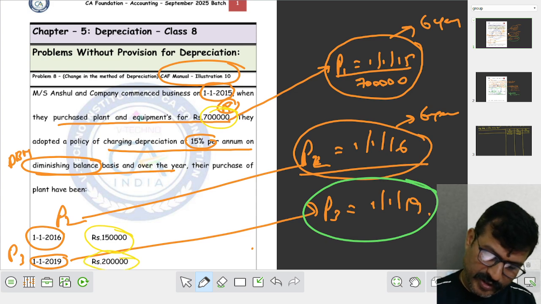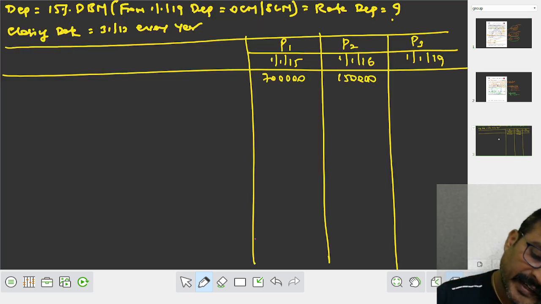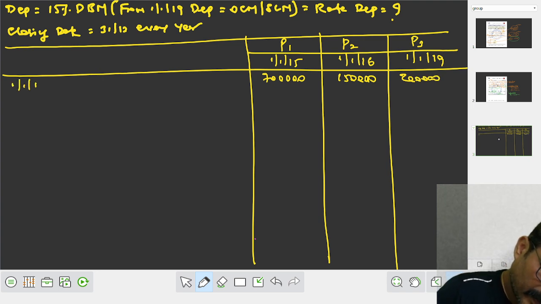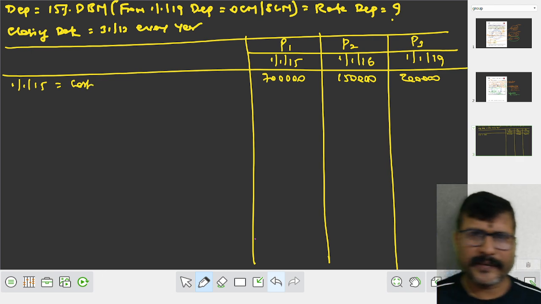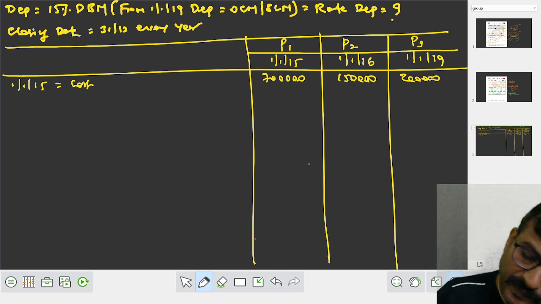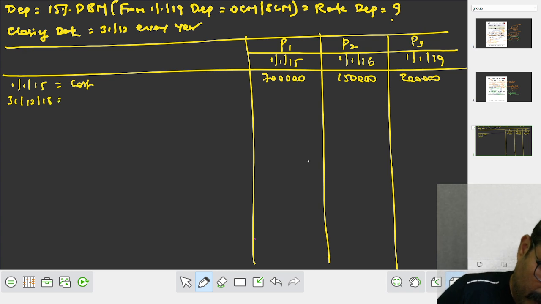Plant 3 was purchased for 2 lakh on January 19. So what should we write? On 1st January 15 we have to write the cost. Now the closing date is when? Accounts are closed on 31st December 15.